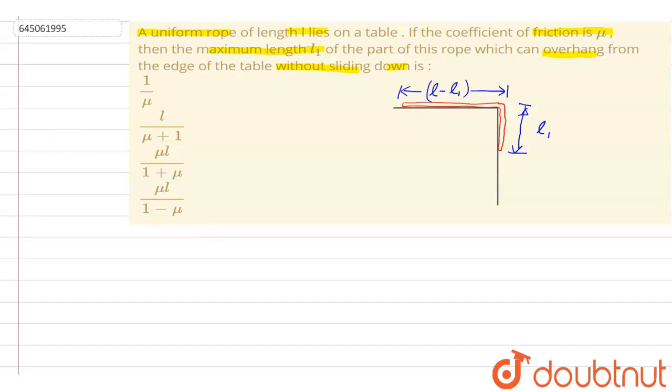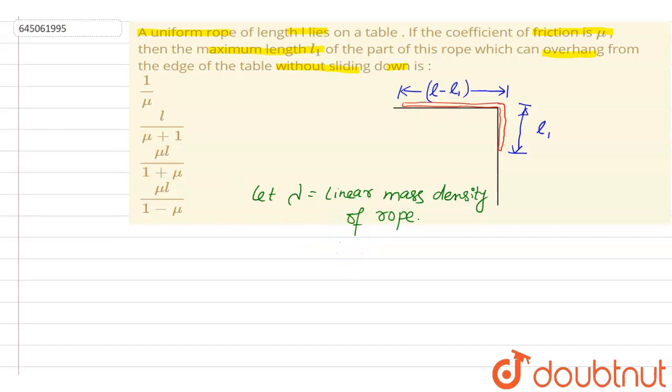In this case, consider the weight of the hanging part of the rope. Let lambda be the linear mass density of the rope. I mean to say lambda is mass per unit length, or the mass of unit length of the rope is lambda.